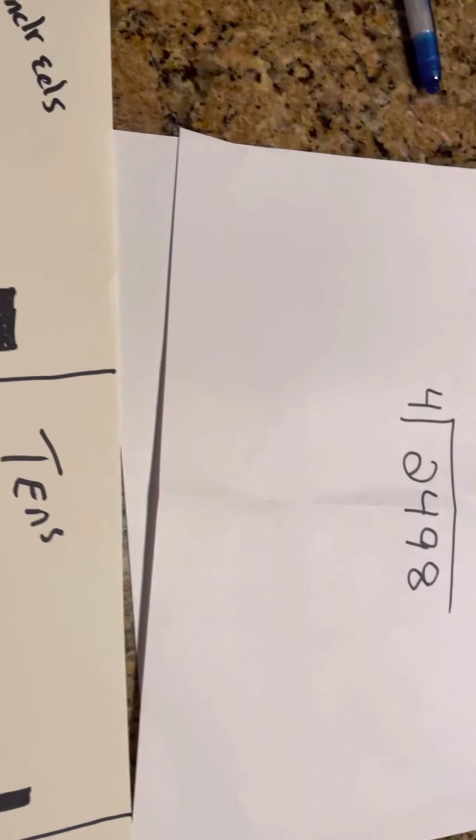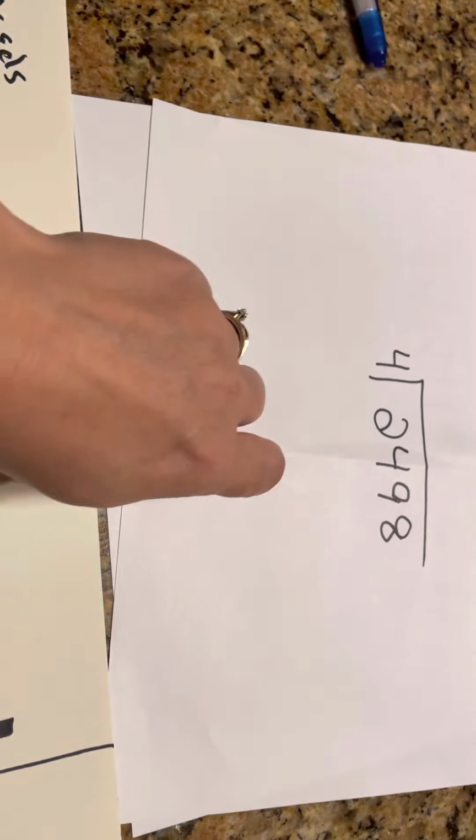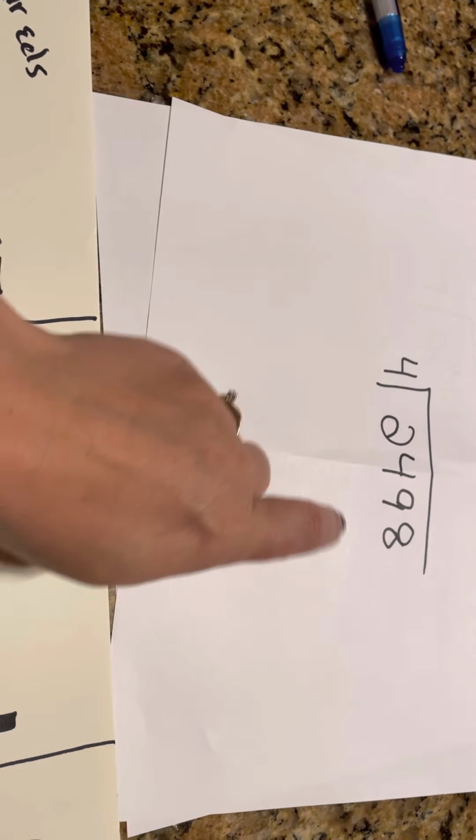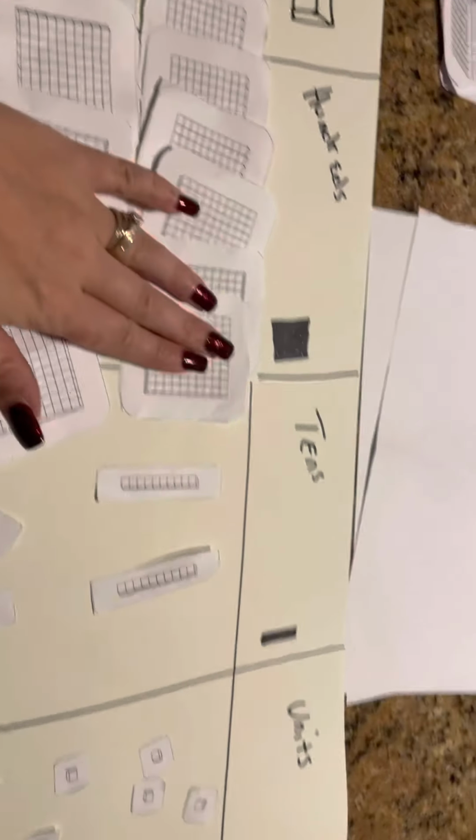Because if you look at the problem, 4 goes into 24 6 times. And that leaves me 98. So that leaves the 98 that I need to break down.